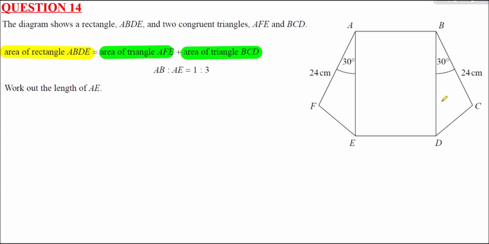AFE and BCD are both 2 congruent triangles. So I'm just going to call these 2 added together the same as 2 lots of area AFE, because AFE is the same as BCD.